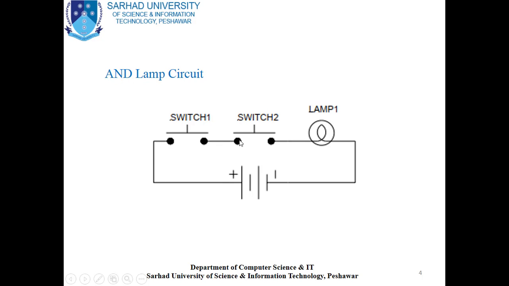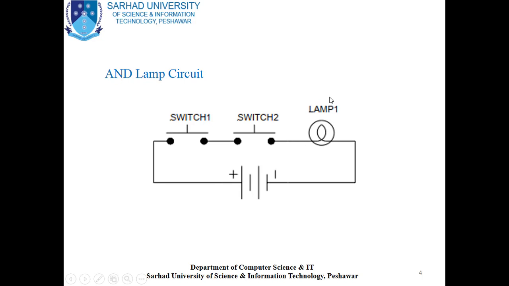And switch 2 also has two terminals. The first terminal is this and the second terminal is this. The terminal of switch 1 has been connected with the terminal of switch 2 like this, and this combination of two switches is connected in AND logic.